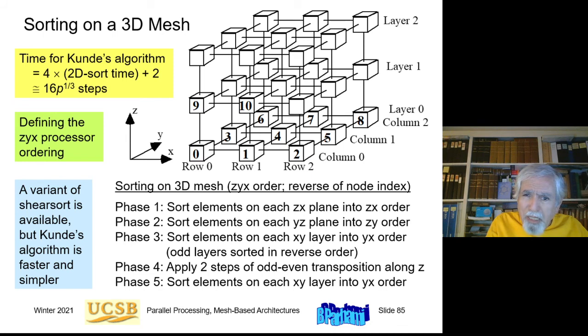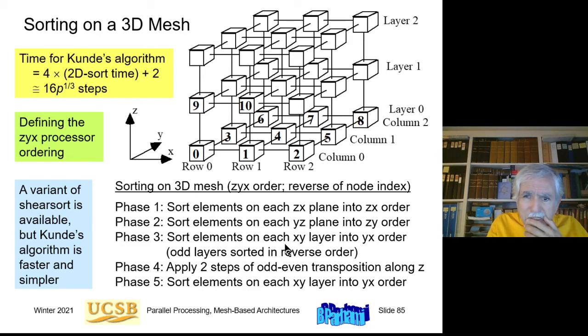Sort elements on each ZX plane into ZX order. So the ZX plane is basically this plane: let's say the front processors, then the middle processors, then the back processors. Sort elements on each YZ plane into ZY order. So the YZ plane is this one, and so on.